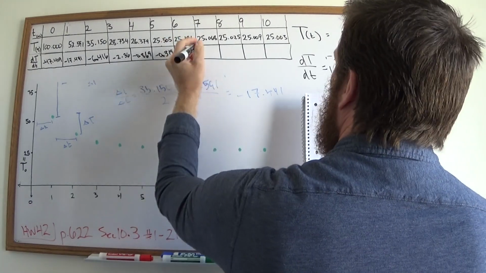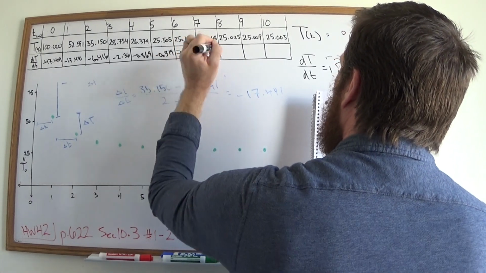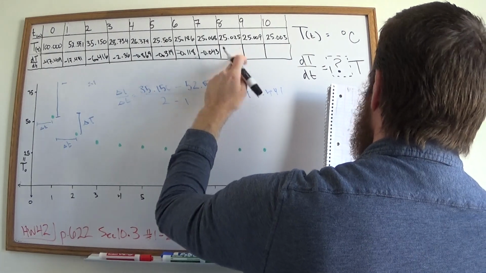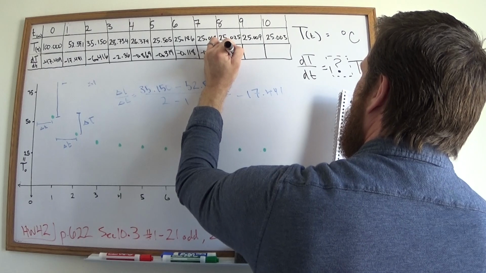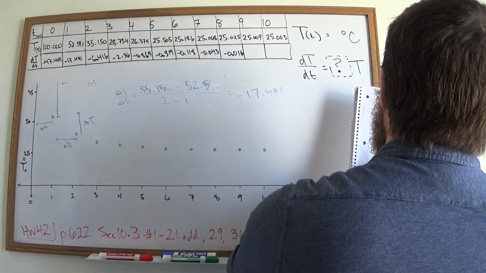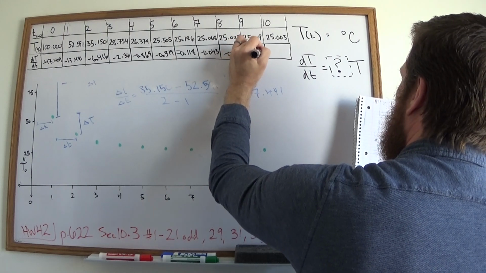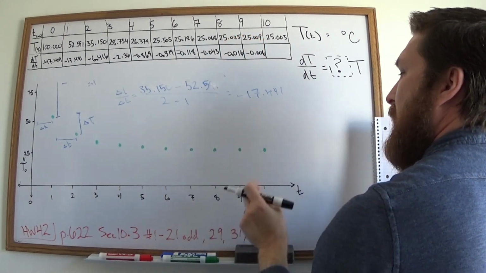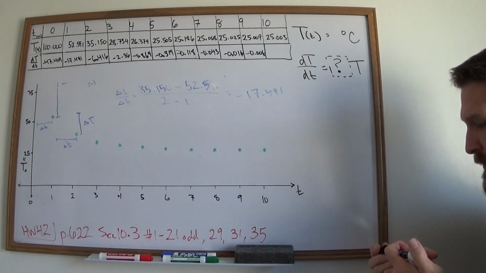The one at 7 is negative 0.043. The one at 8 is negative 0.016. And then I get at 9 negative 0.006. And that's the last one I can compute, right?